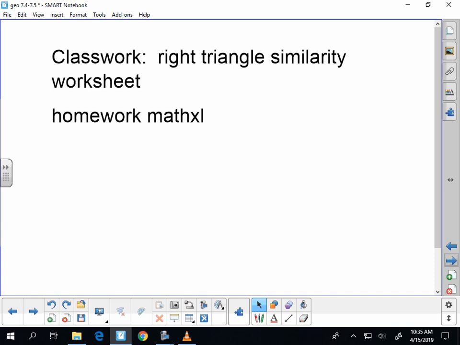You can always improve your score. You should always be able to get 100% on Math Excel, because if you get one wrong, all you have to do is hit similar exercise. It will let you do another similar problem until you get it right. It doesn't show me how many times you got it wrong. You can have it wrong 10 times, it just gives me your end result. So if you got it right the 10th time, it would just show me that you got the problem right.